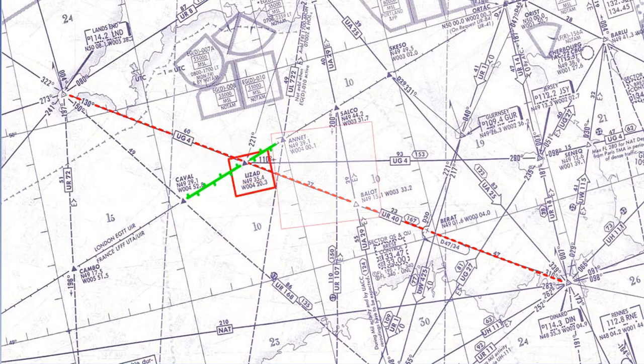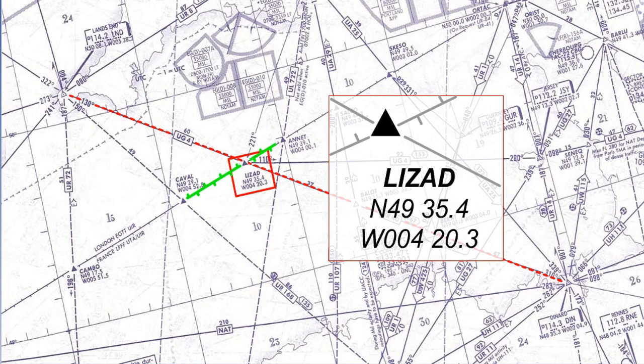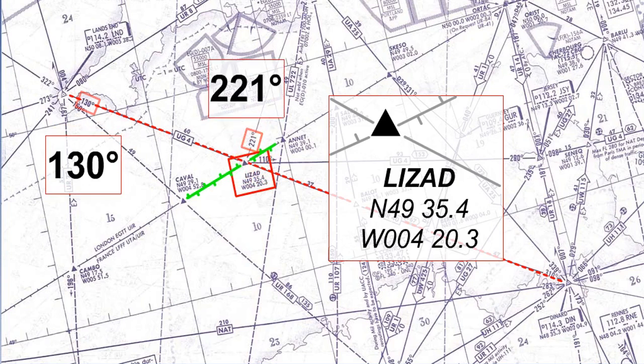There is a compulsory reporting point on the boundary named Lizard at the geographical position shown. Lizard can also be identified by the intersection of the 130 radial from Land's End and the 221 radial from Berry Head, as indicated by the arrow from Berry Head.